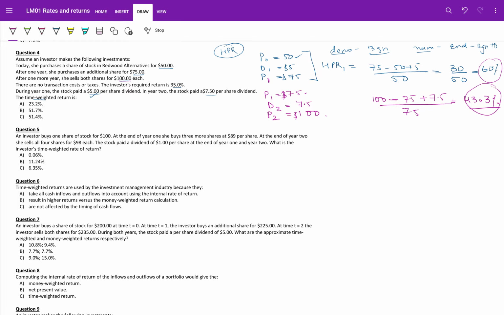Now I'm going to calculate using the geometric mean. So 1.6 multiplied by 1.433, square root, minus 1. I'm going to share my calculator now.